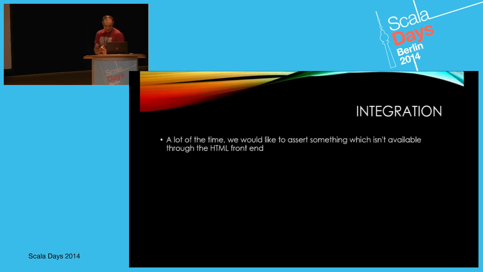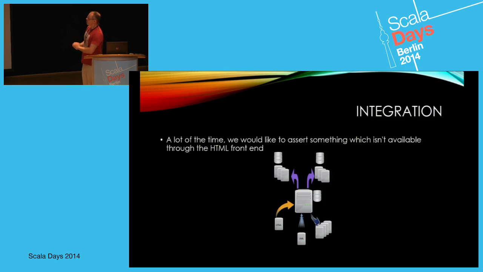and I'll explain about our context, is that a lot of the time we don't really care about the front end. We don't really care about what the front end displays. We have a thing here called the orchestrator.